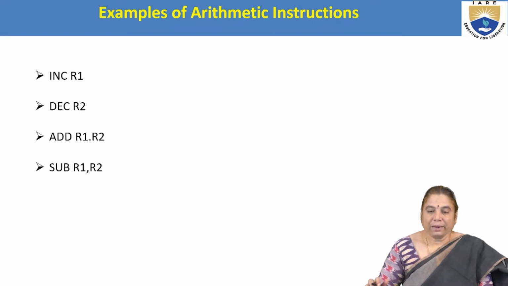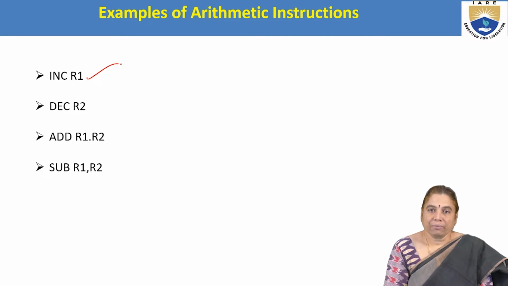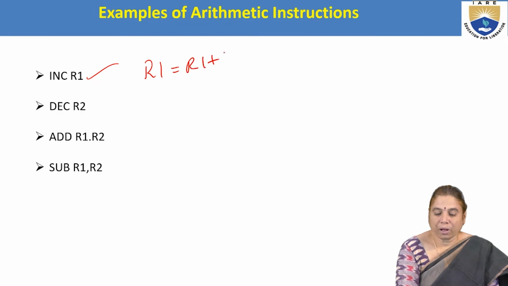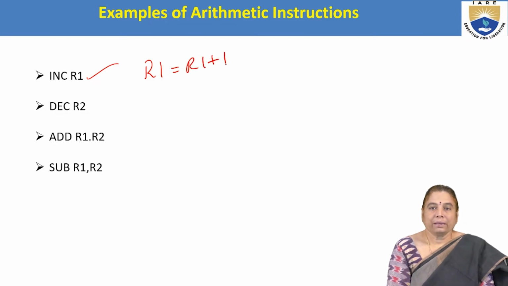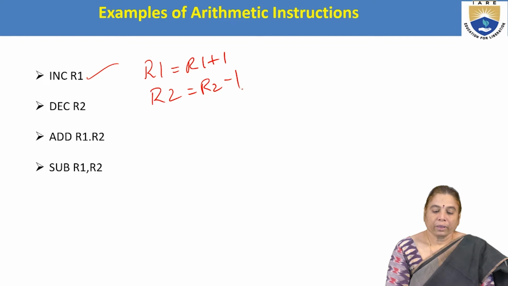How can these arithmetic instructions be used? INC R1: the content of register R1 is incremented by 1, which is exactly equivalent to R1 = R1 + 1. DEC R2 means the value of register R2 is decremented by 1.